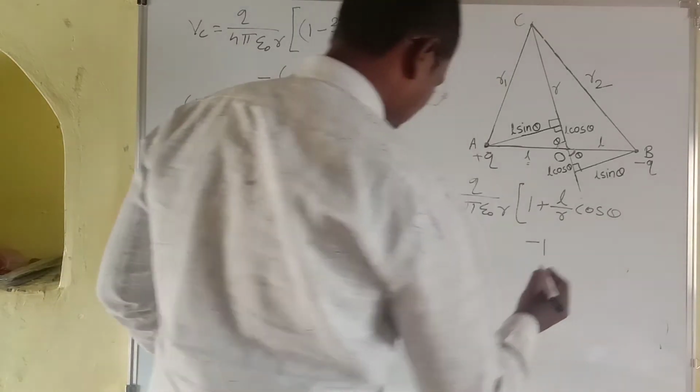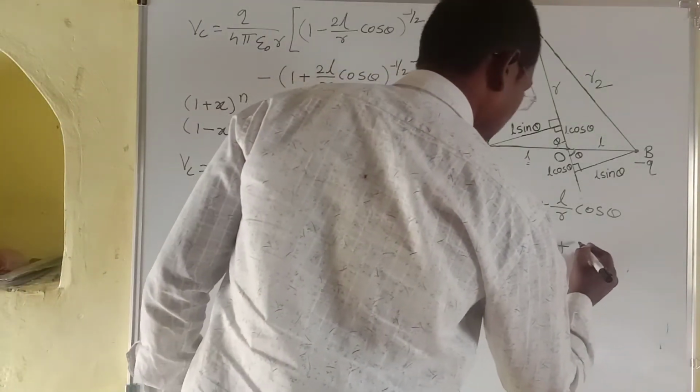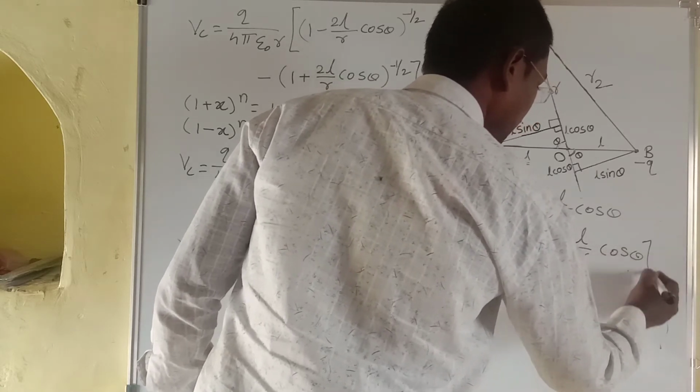This minus gets plus, so plus L upon R cos θ.